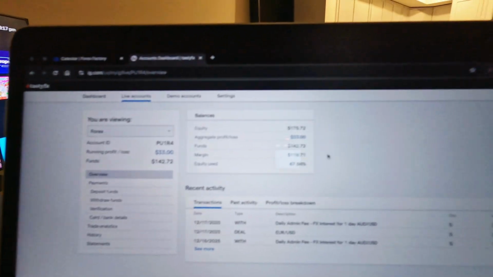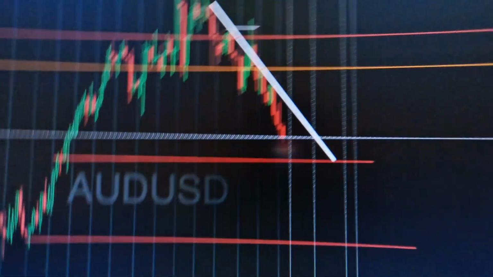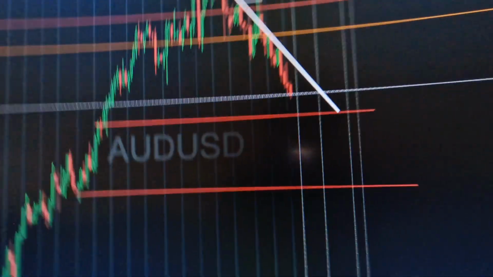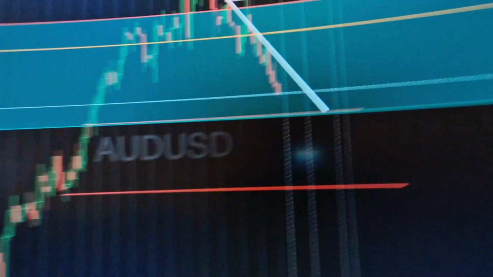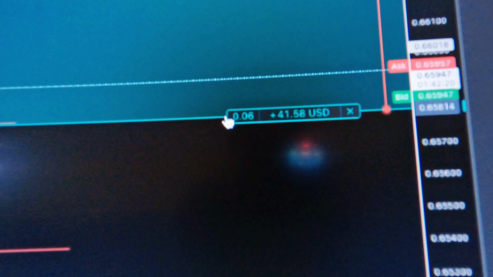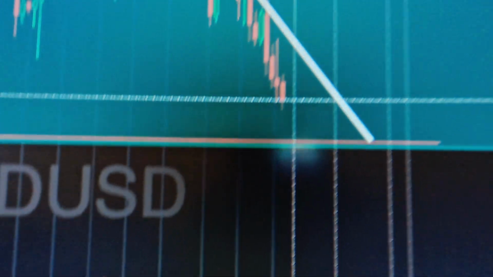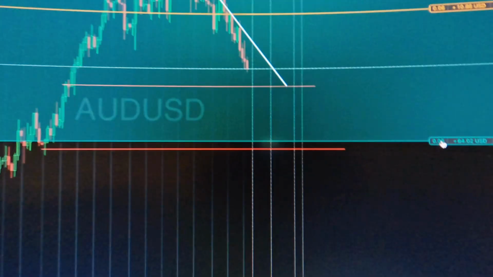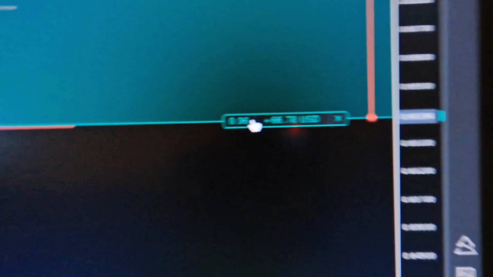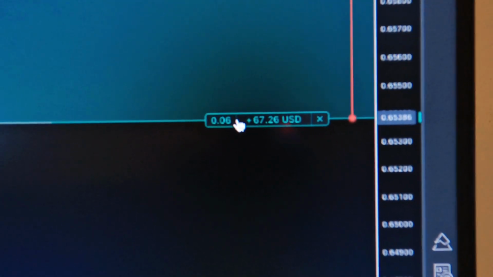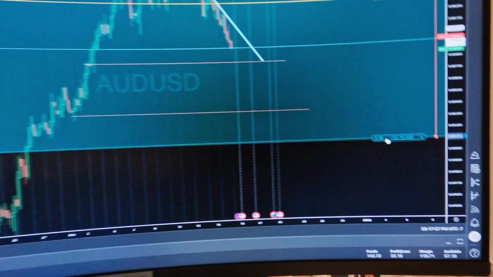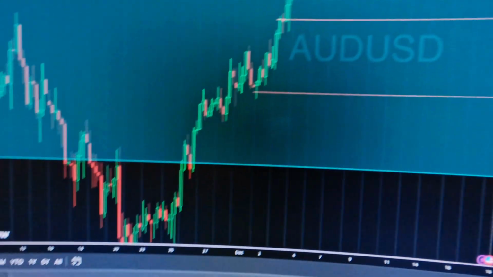As you can see, this trade is pushing. It's definitely going to get over here. If it closes right here, that's a $42 trade. If it targets the next base hit, that's going to be a $67 trade. And I know I'm stretching it. If it targets this area right here, I know this is crazy, that'll be a 90-something dollar trade.